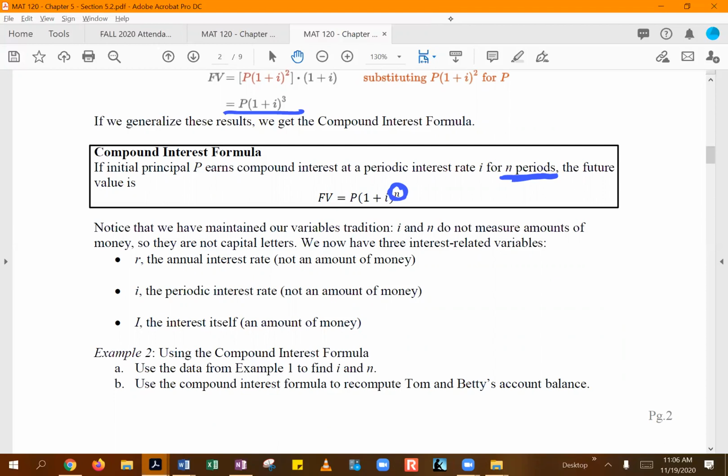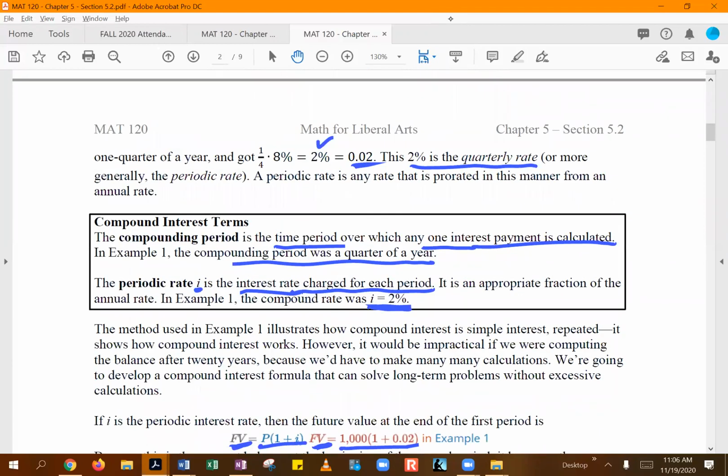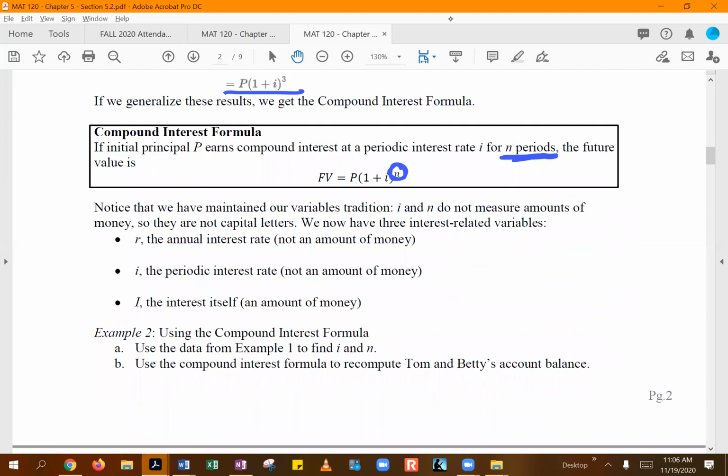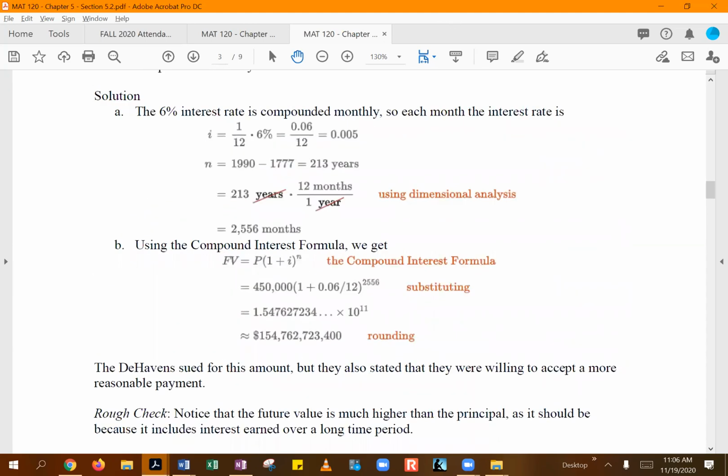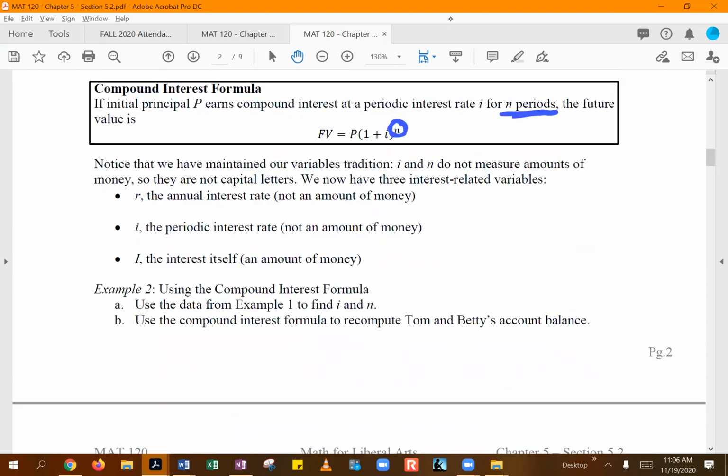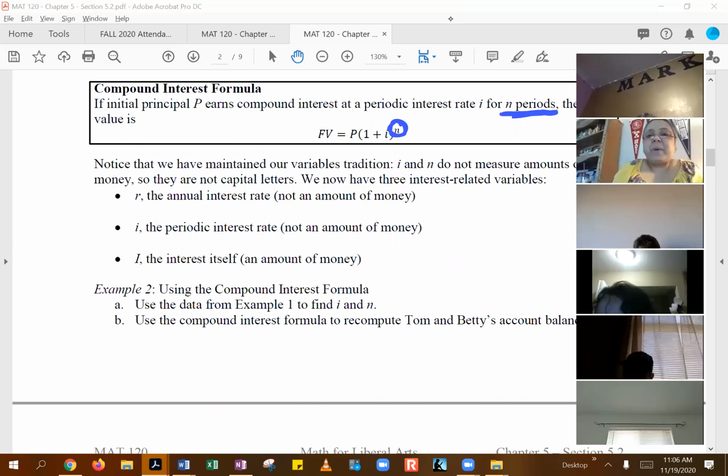Now this compounding period that we're talking about here is the time period when your interest is being calculated. That can actually keep changing. Your compounding period can be monthly, so that means your interest can be calculated 12 times a year. Your compounding period, of course, as you saw, can be quarterly.